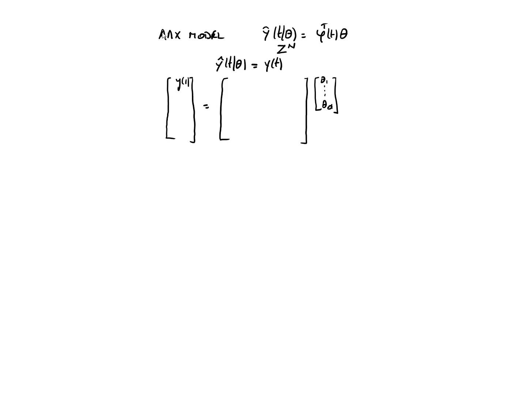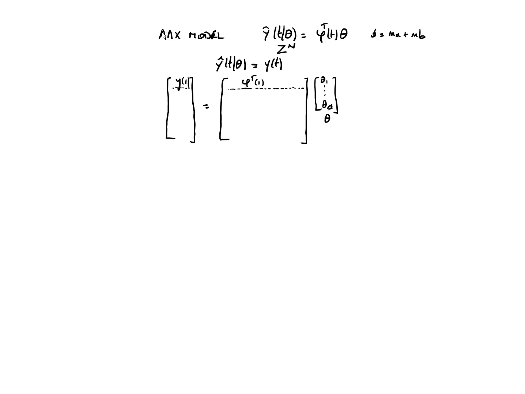This is theta over here, and of course d is equal in our case to na plus nb, right? And if we write the equation at time t is equal to 1, we end up with y1 equals phi transpose 1 theta.